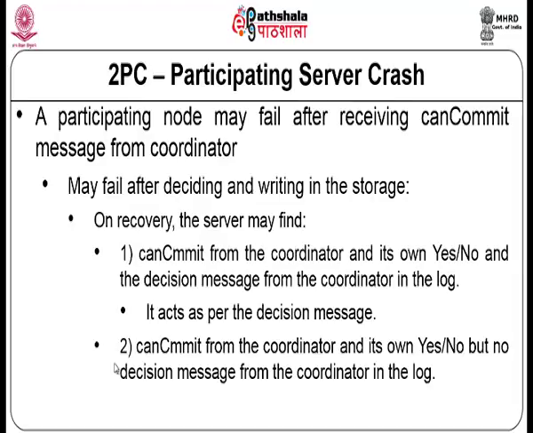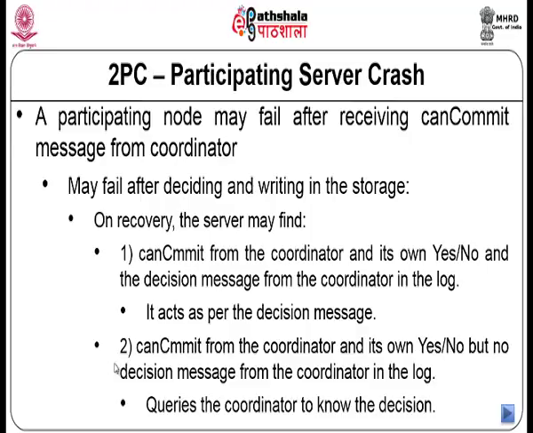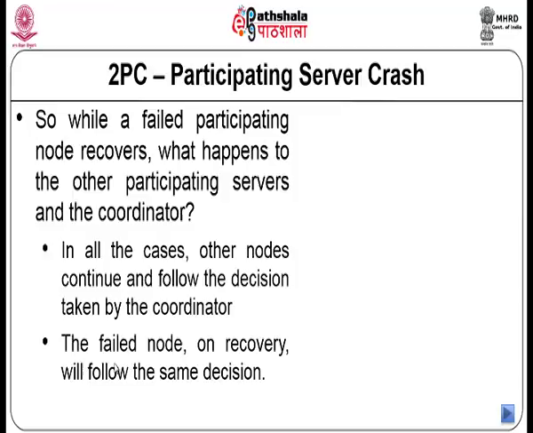If it has a CAN commit from the coordinator and its own yes or no, but no decision from the coordinator has come, then it will ask the coordinator, because with a yes, it would have to get a do commit from the coordinator.